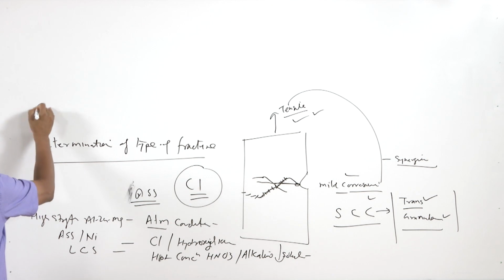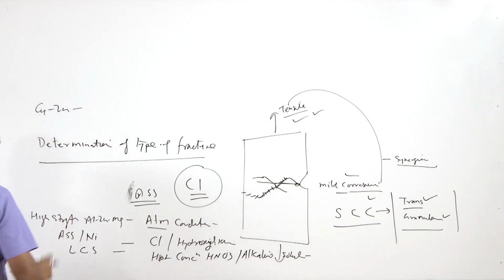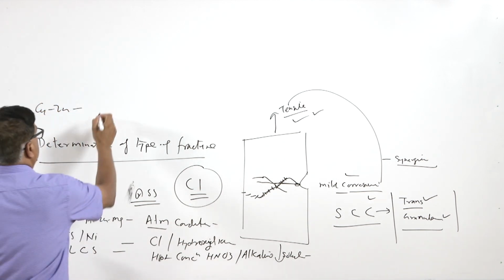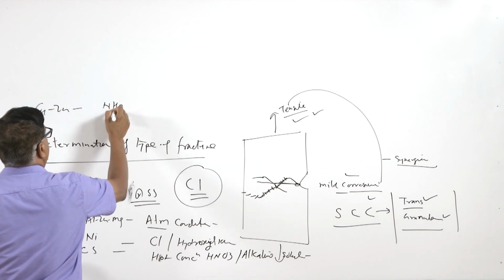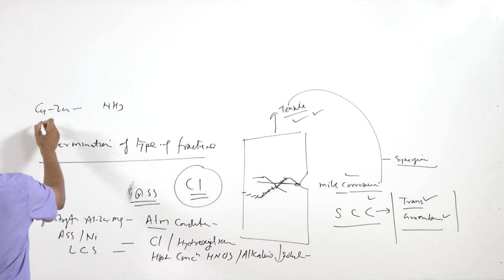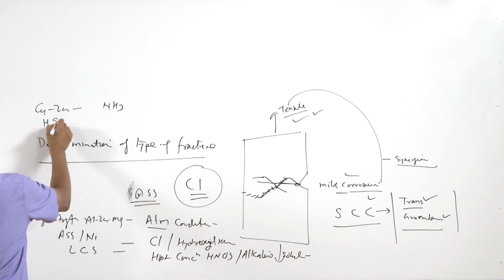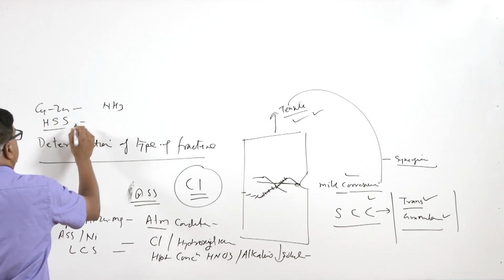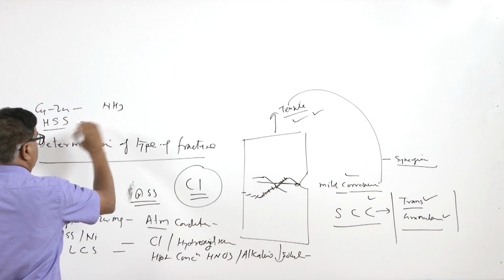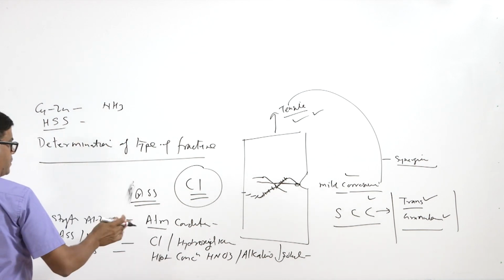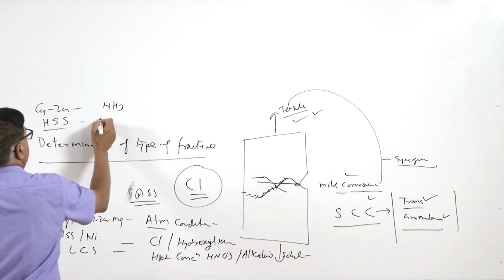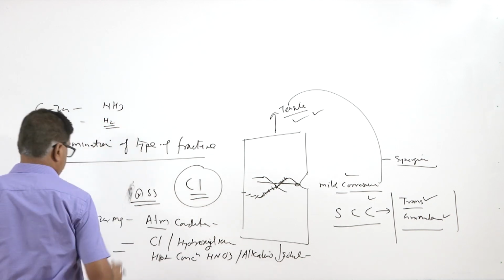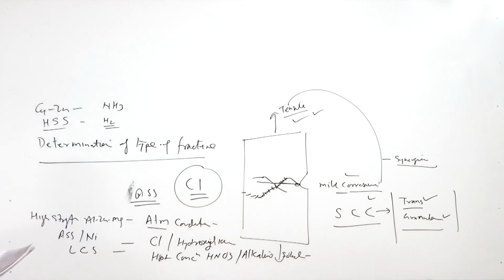Similarly, copper-zinc systems are sensitive to stress corrosion cracking in an ammonia environment, and high strength steels are sensitive to stress corrosion cracking in the presence of a hydrogen environment.